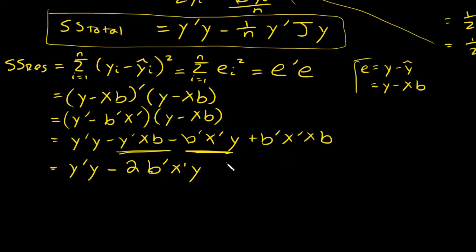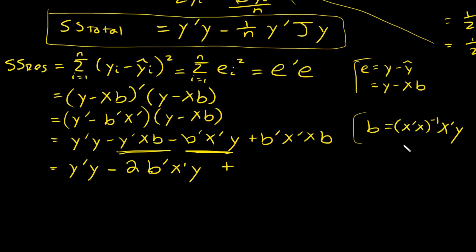Now remember what B is: B equals X transpose X inverse times X transpose Y. By definition, we've derived this previously.